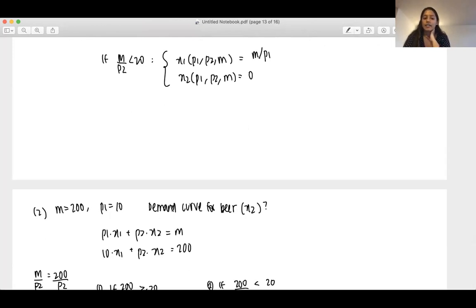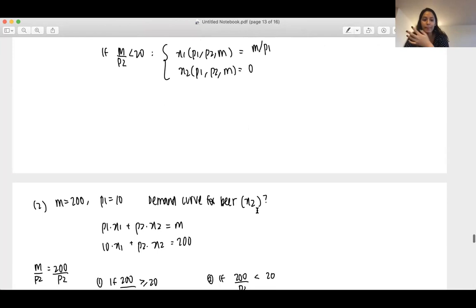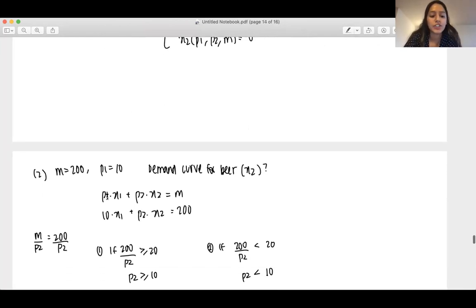And here they ask us to draw out the demand curve for beer, which is x2. Like before, I just wrote out the basic function because it helps me remember. So here we see that 10 times x1 plus p2 times x2 is equal to 200.